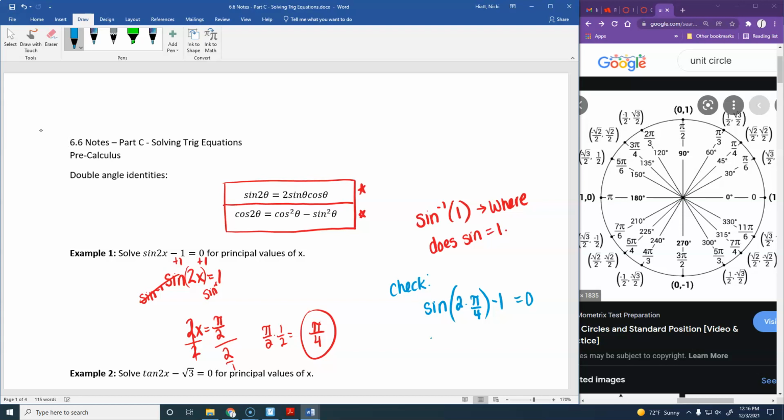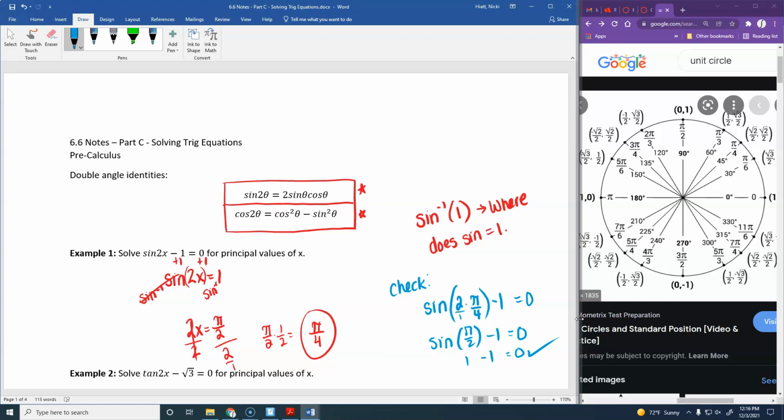That's 2 over 1 times pi over 4, which is sine of pi over 2, which is 1, and 1 minus 1 does equal 0, so we can check that it works. So when we got that 2 in the parentheses, we don't get the number we see on the unit circle; we've got to divide it by 2.